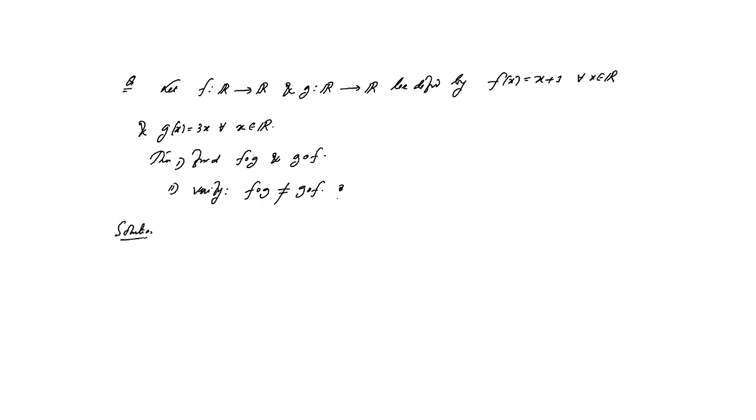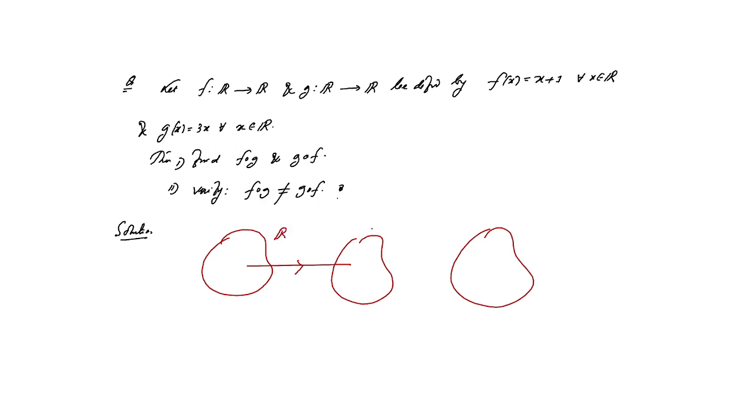So how to solve this kind of problem? Here f is a function from R to R, and g is also a function from R to R. So we need to define g composed f here. For f, x goes to x plus 1, and for g, x goes to 3x.